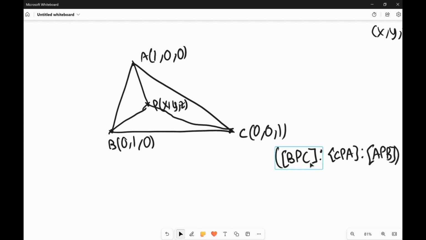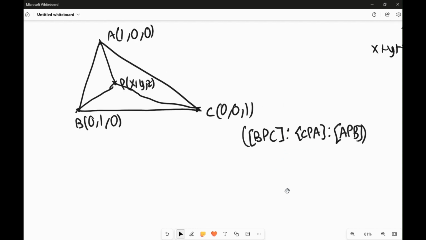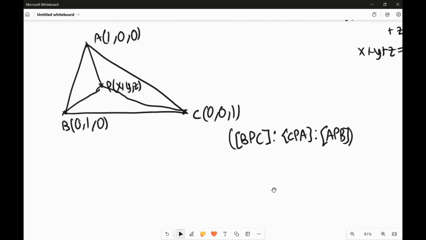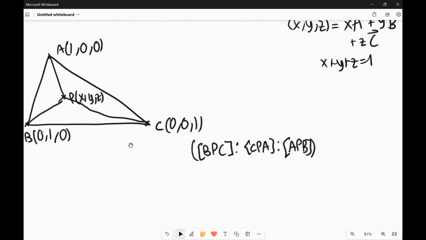You might be asking, why am I using colons here? It's just a neater notation, instead of writing BPC over ABC, CPA over ABC, and APB over ABC, in order to make it such that x plus y plus z equals 1.